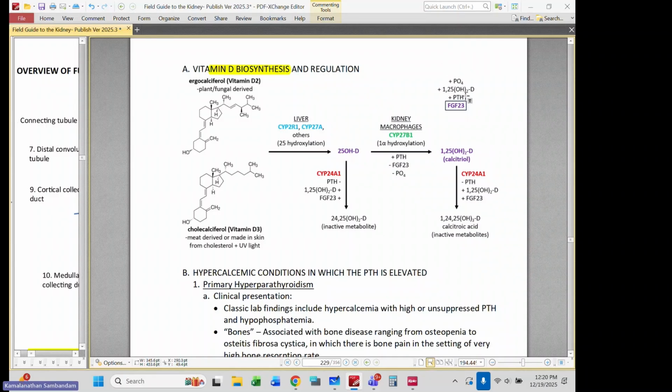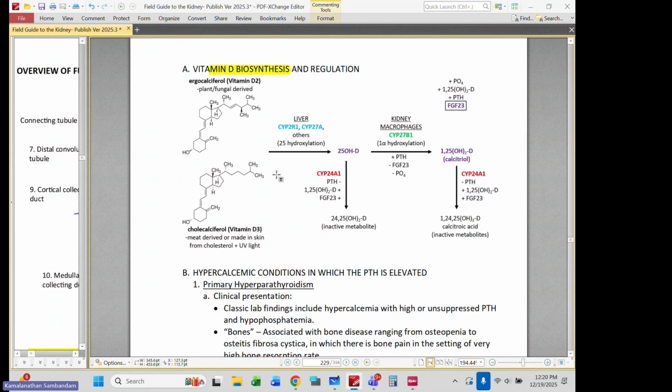And the presumption is that's driven in part by that relative phosphate retention, even though your phosphate's not high, right? The reduced renal mass, the tendency to phosphate retention stimulates FGF23. You maintain phosphate balance through the effect of PTH and FGF23 enhancing urinary phosphate wasting.